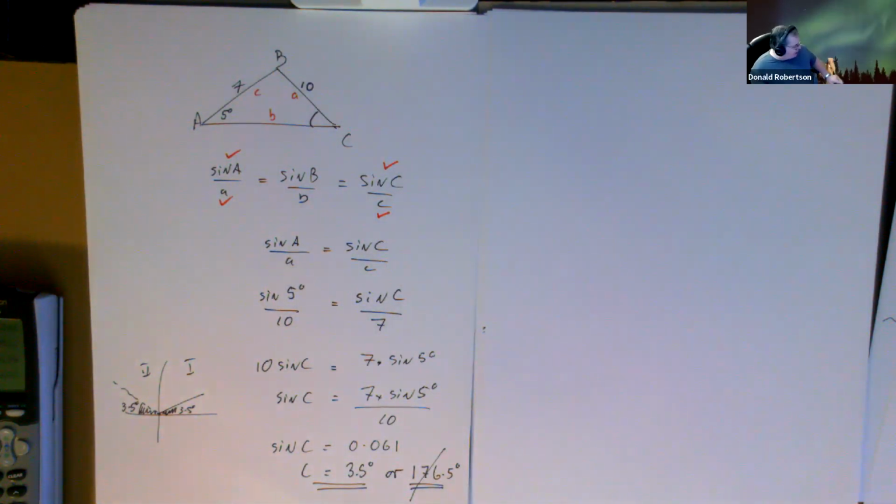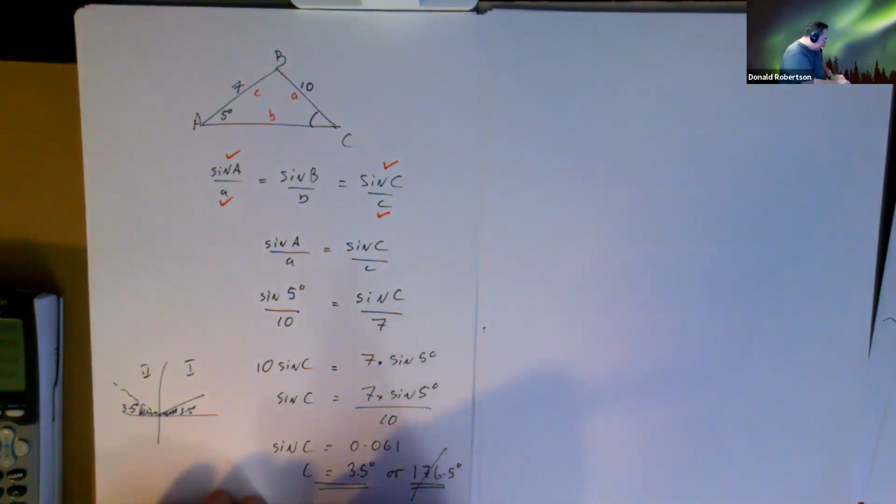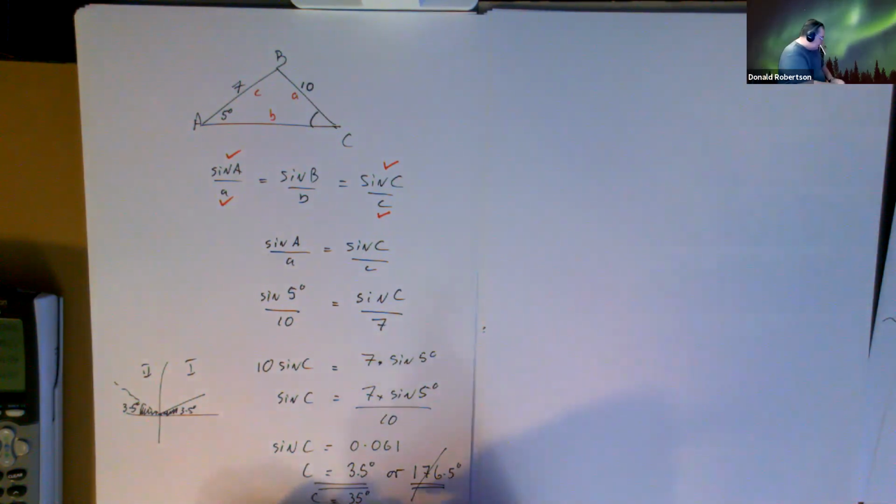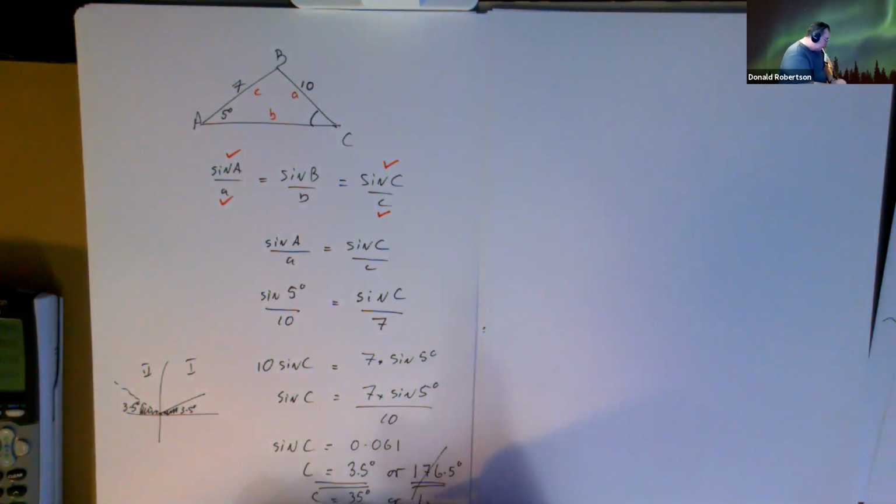Can you pretend for a minute that this angle wasn't 3.5, but 30 degrees, something nice, or 35 degrees, right? Can you pretend that in a different world with slightly different numbers, the correct angle that we could use was 35? Then in that case, wouldn't the other one be 145 degrees?